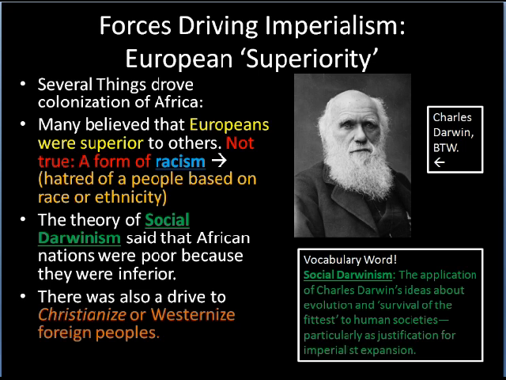Obviously, this is not necessarily true. I'm sure there are some very good European people, but what this really boils down to at this point is Europeans just generally, and I'm not saying everybody, were being racist, okay? And this is another one of your vocab words. Racism is a hatred of a people based on race or ethnicity, okay? Plain and simple. It still exists today.